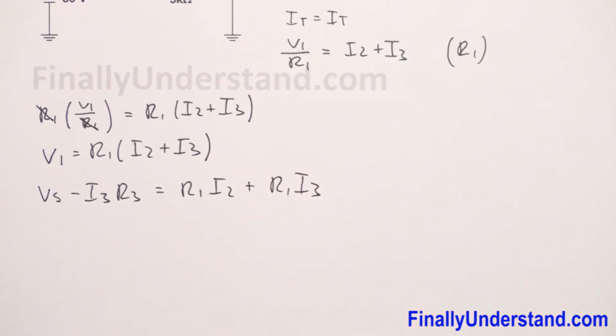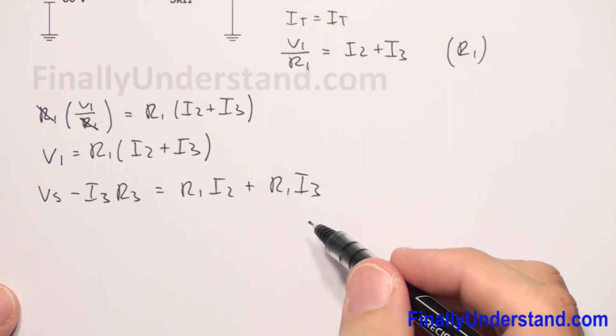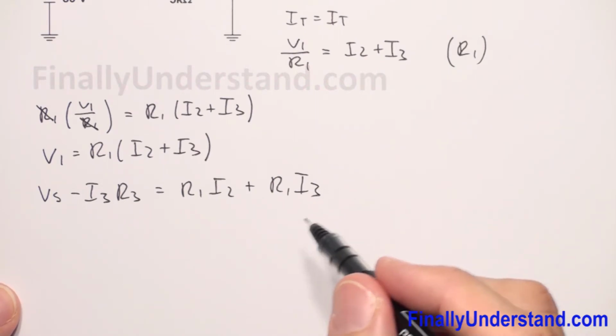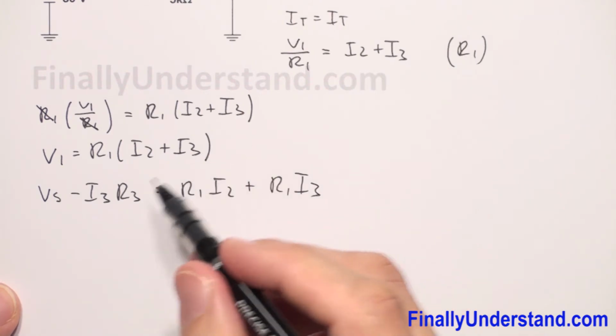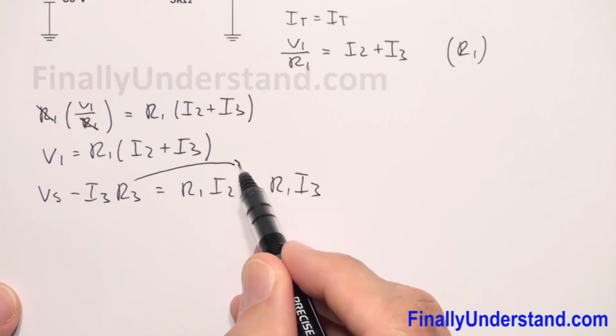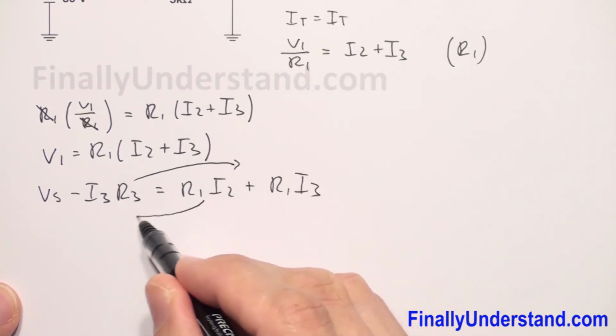Next I'm supposed to bring all terms which contain I3 to one side and everything without I3 to the other side. Because this term is negative, I'm going to bring it to the right side, and this one I'm going to move to the left side.